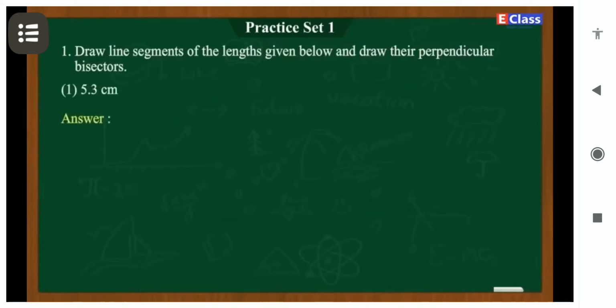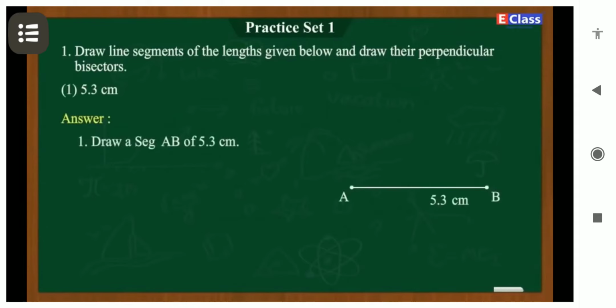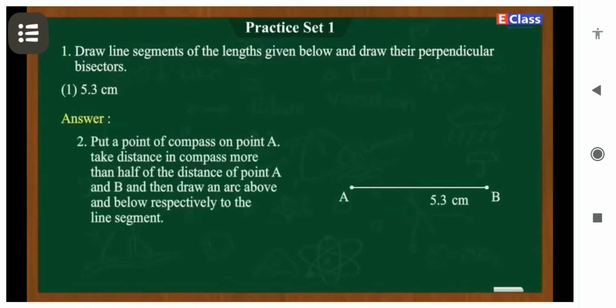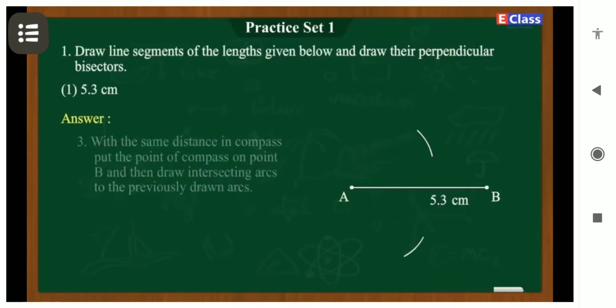Answer. 1. Draw a segment AB of 5.3 centimeters. 2. Put the point of compass on point A. Take a distance in compass more than half of the distance of points A and B, and then draw an arc above and below the line segment. 3.